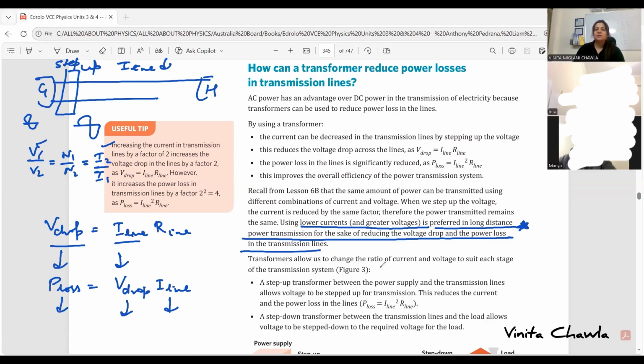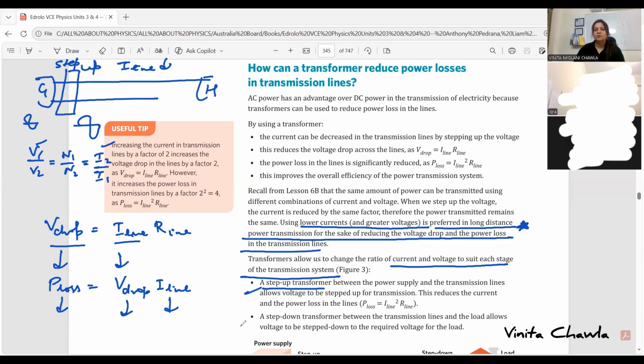So we can basically change the ratio of currents and voltages to suit each stage of the transmission system. These are the ratios that we are taking here. We use a step-up transformer between the power supply and the transmission lines. This is the power supply and this is the transmission lines. So between the transmission line and the generator, we use a step-up transformer.